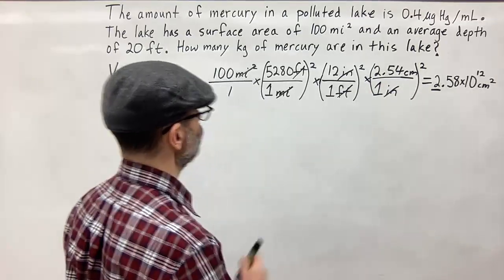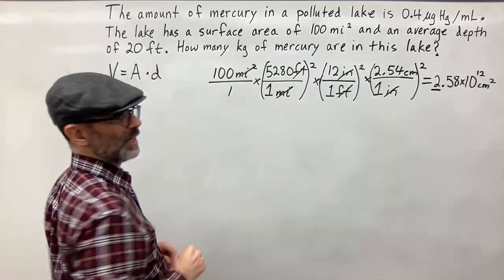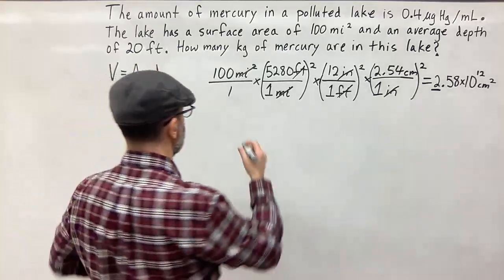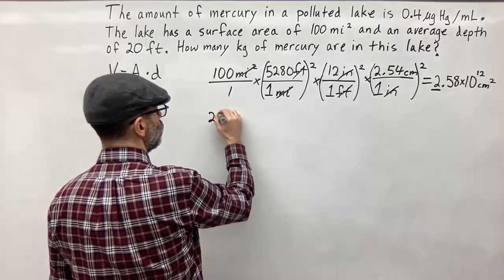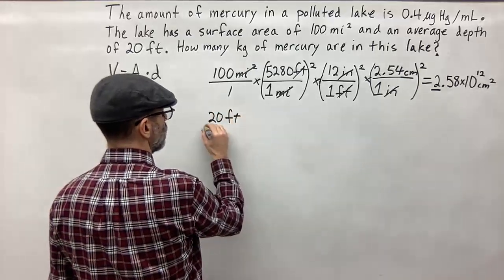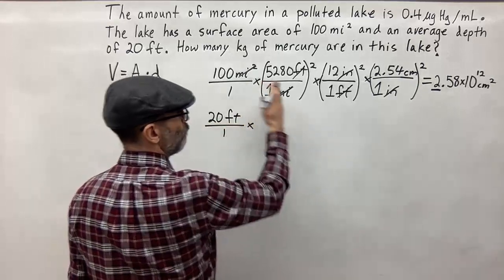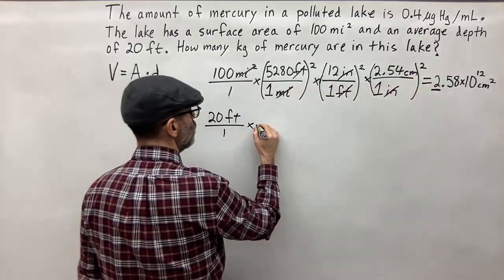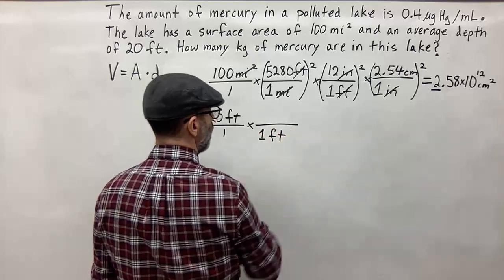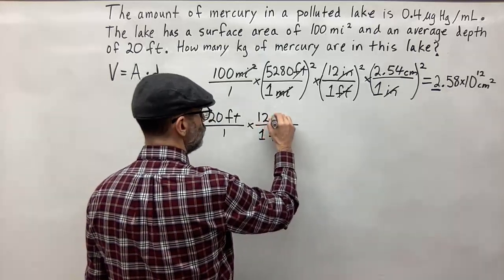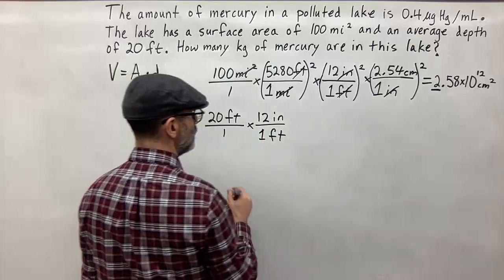Okay, the next thing is to convert 20 feet into centimeters as well. So that's our distance. We're going to take 20 feet over 1. And again, we'll follow the same pattern here. So 1 foot on the bottom, 12 inches on top.